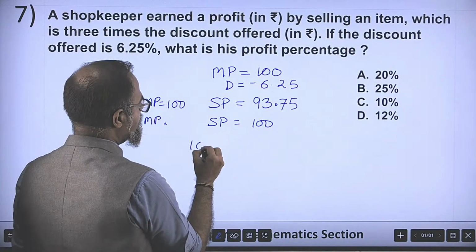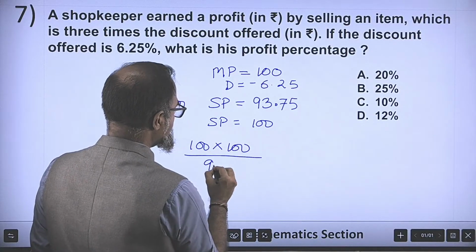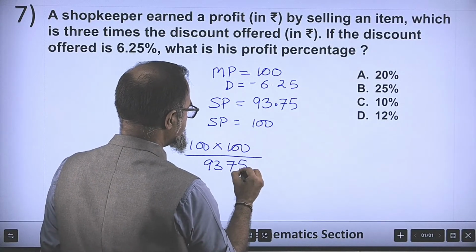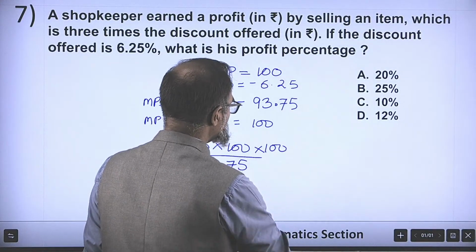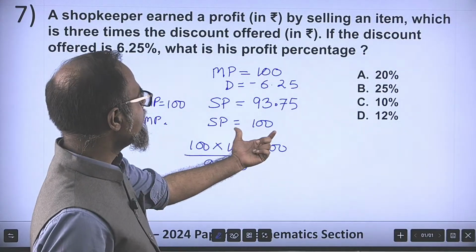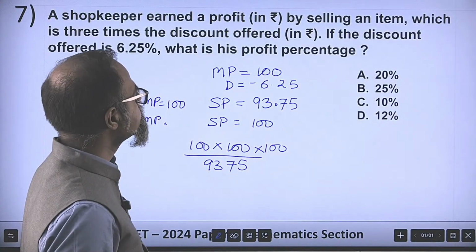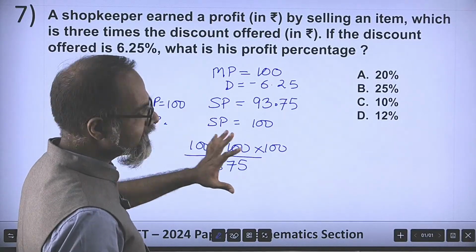So, if I have to take selling price as 100, then what should my marked price be? 100 into 100 divided by 93.75, so 9375 again into 100. So this tells me if my selling price is taken as 100, what will be my marked price? And using this, what can I do?